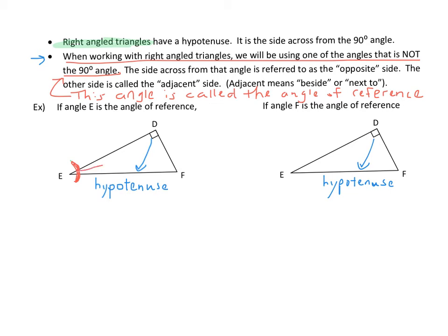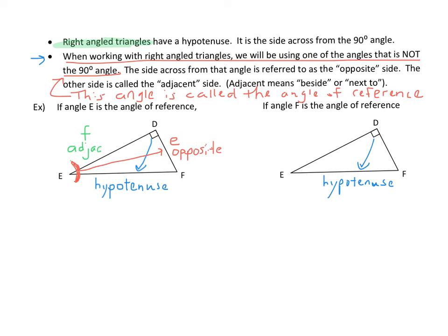The side across from it would be lowercase letter e, and it is what we would call the side opposite to our angle of reference. So this is opposite here. That makes my remaining side, lowercase letter f, and it's called the adjacent side. It's the one that's next to angle E or beside angle E, but it's not the hypotenuse side.